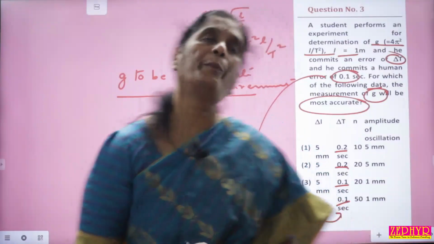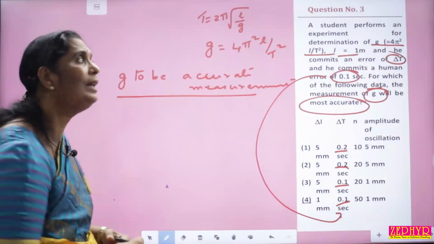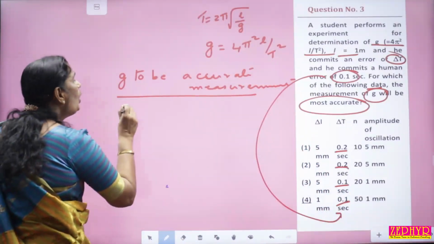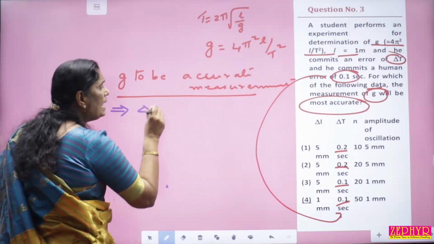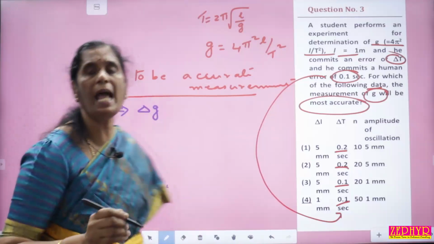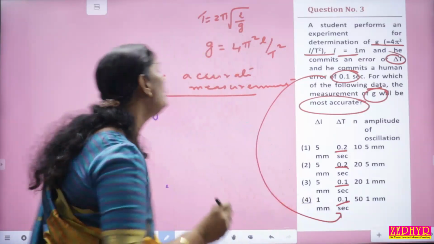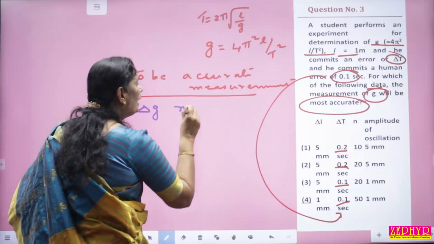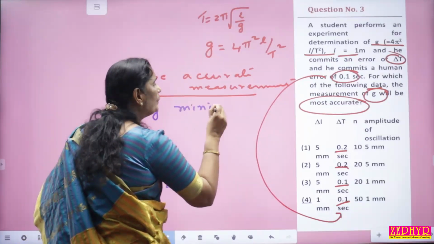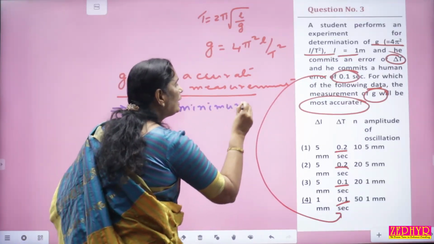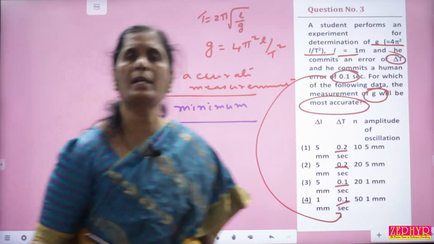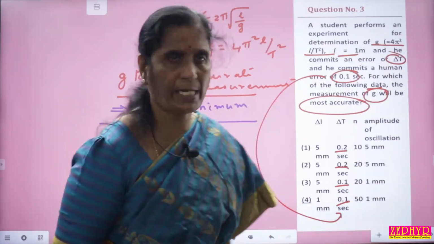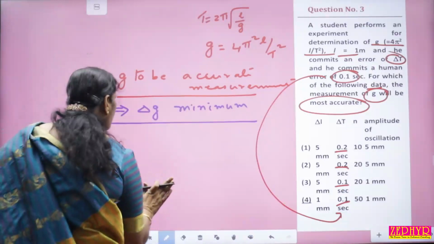Error should be reduced. That implies delta g, which we call the error in g, should be minimum. Once the error is minimum, definitely we will get the accurate value. In that way we have to think, no need of going into the calculations. So then what is delta g?